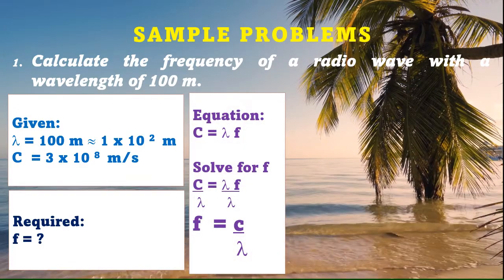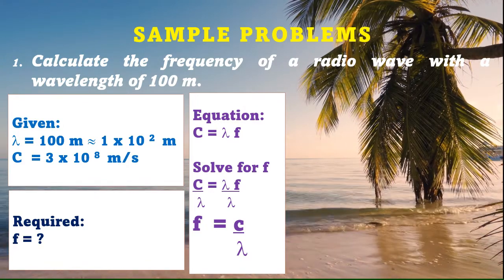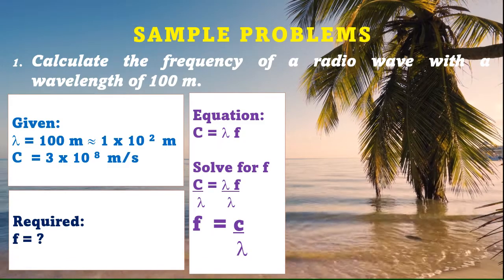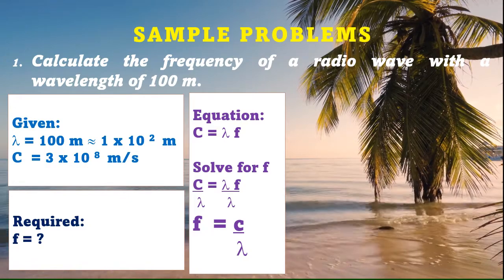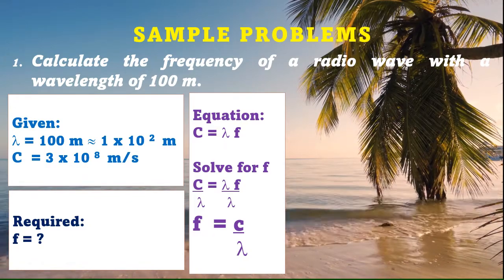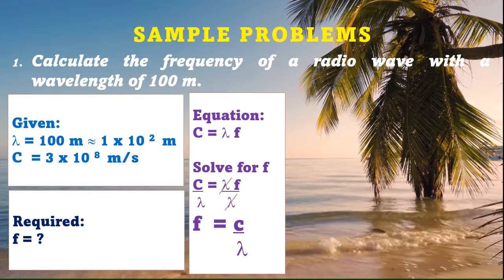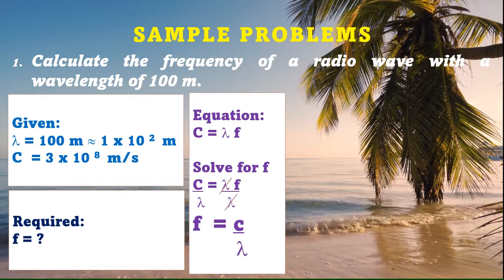And then we have the equation. From the original equation, c is equal to lambda times the wave frequency, we can solve for f by dividing both sides of the equation by lambda. We can cancel lambda, and the equation becomes f is equal to c divided by the wavelength.